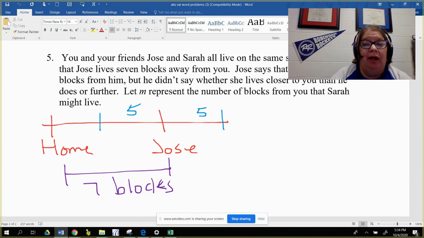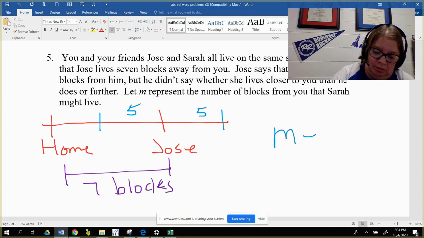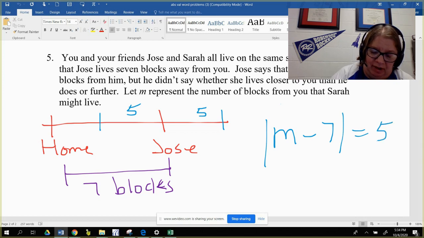So how are we going to figure out the number of blocks that Sarah would be from your house? Okay, so let's put the difference between the number of blocks that Sarah lives from you and the 7 is 5, right?